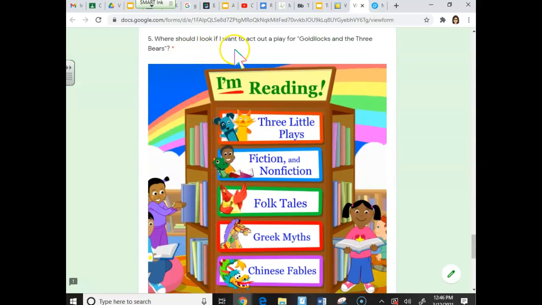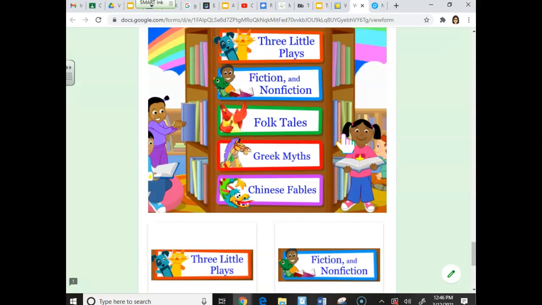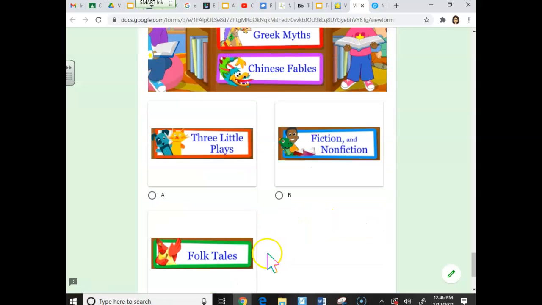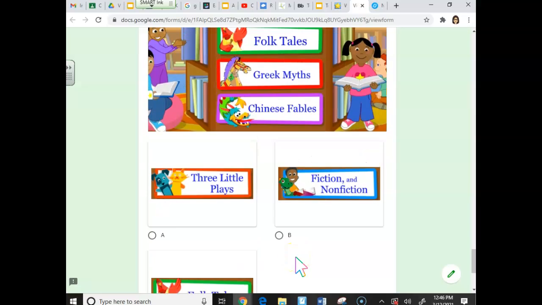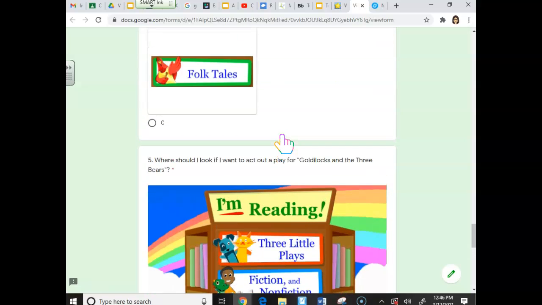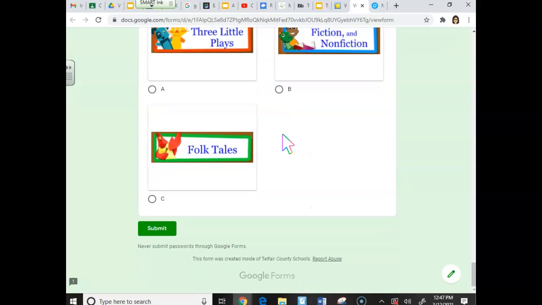Where should I look if I want to act out a play for Goldilocks and the Three Bears? That one may have been a little tricky unless you look at your choices. You've got 3 little plays, fiction and nonfiction, or folk tales. 3 little plays uses the word 3 and plays, as in you put on a play.